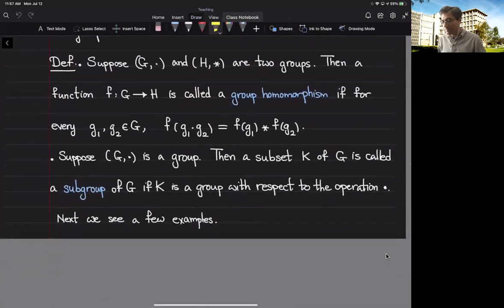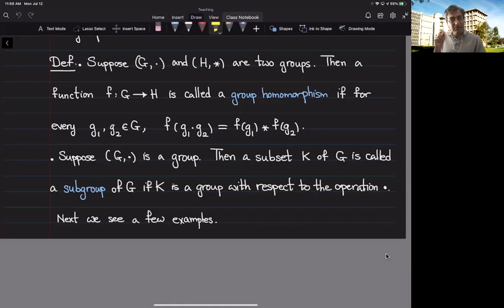Okay, let's make these things more concrete and give a precise definition, at least in the case of groups. Suppose that I give you two groups. The first one comes with an operation that we denote by dot. The second one comes with an operation that I'm going to denote by a star. Then a function from G to H is called a group homomorphism if it preserves the operation. What does that mean?